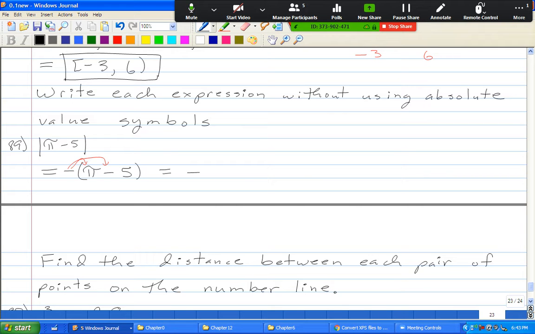I have that this is negative pi plus 5, and so this is 5 minus pi. And so I've rewritten this as a quantity without absolute value symbols. Notice that 5 minus pi is positive, and you want the absolute value to be non-negative.